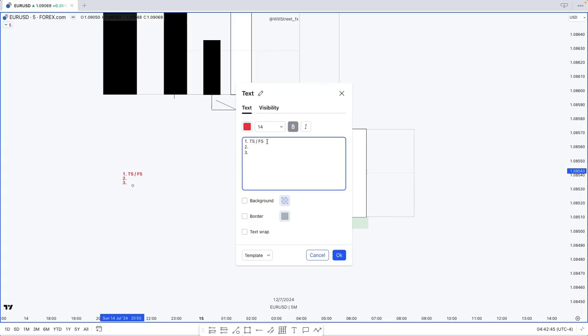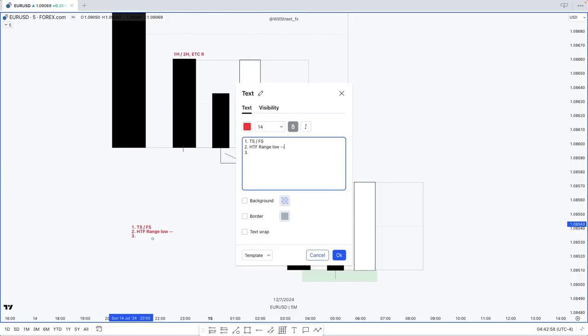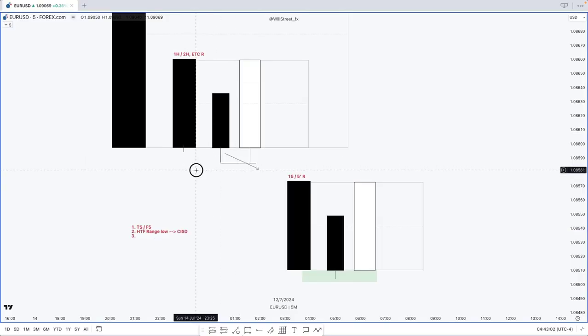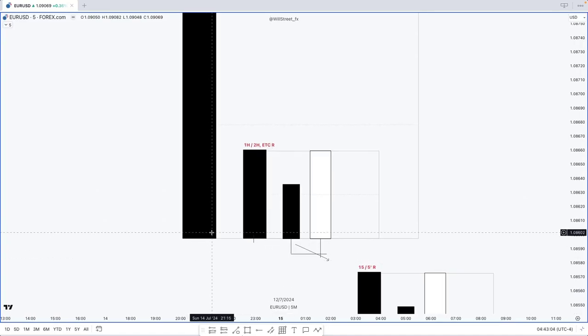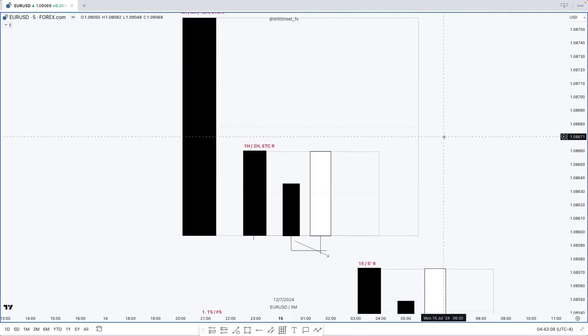Remember, we are bullish now, so high time frame range low, acting as what? Change in state of delivery. Look at this. Remember Friday's projection? Now we'll see an example, so don't worry.